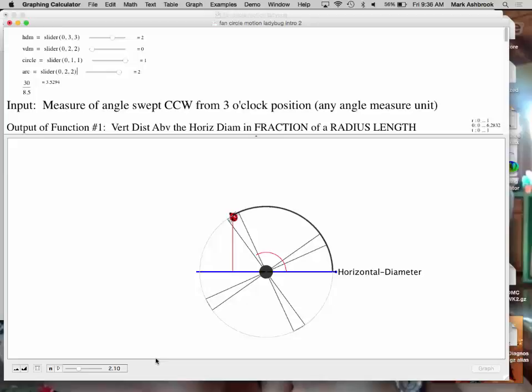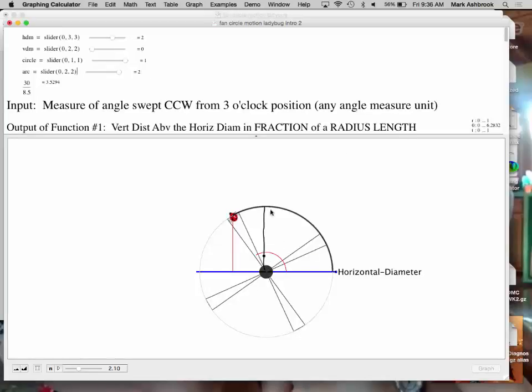What would you estimate it to be? 10, 5, 0.5, 0.1, -6? What fraction of a radius length is the bug above the horizontal diameter? Anyone want to guess? I heard 0.8, 0.9. What do you think of that? Yeah, that's the idea, right?